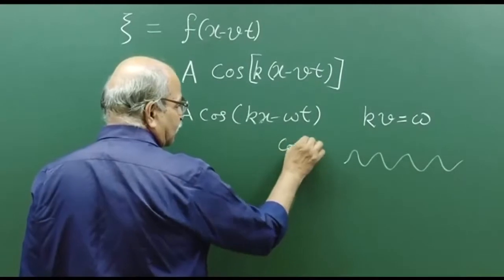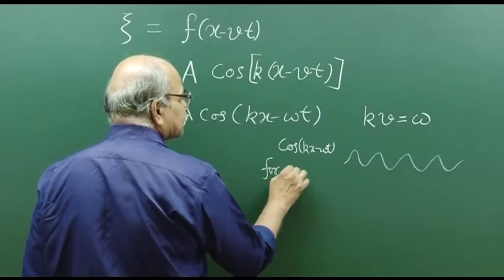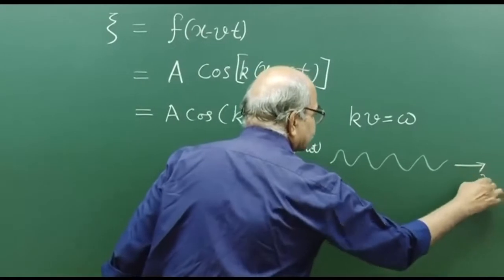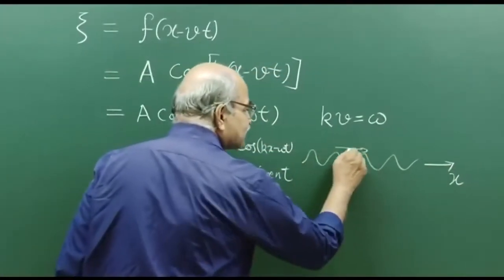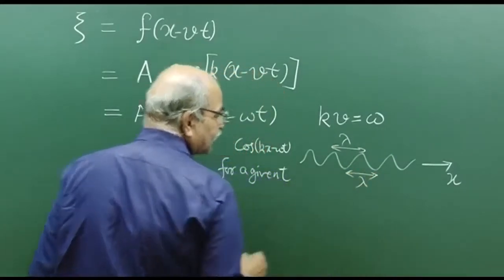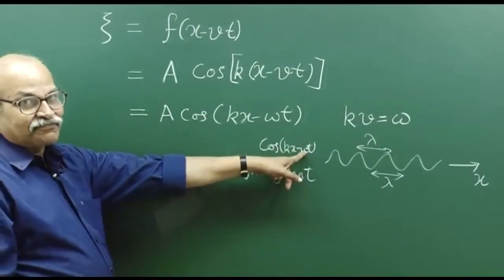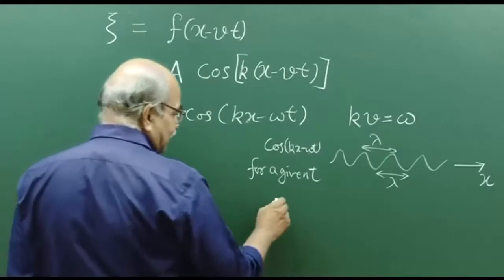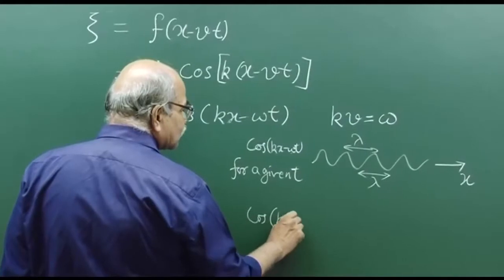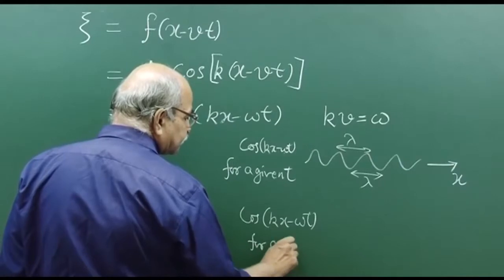If you plot cos of kx minus omega t for a given t, and this side is now x, and this is wavelength, this is wavelength. And you fix x and see as a function of time, then also it oscillates, and that will be again a similar looking function, cos of kx minus omega t, and this time for a given x.